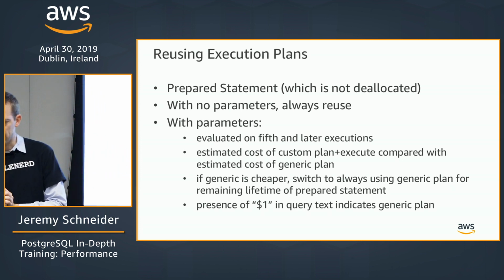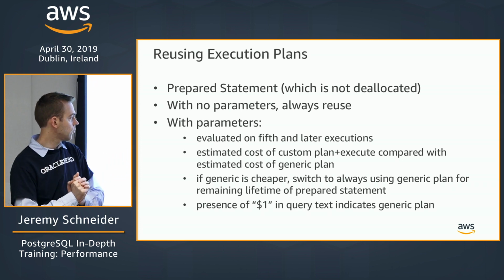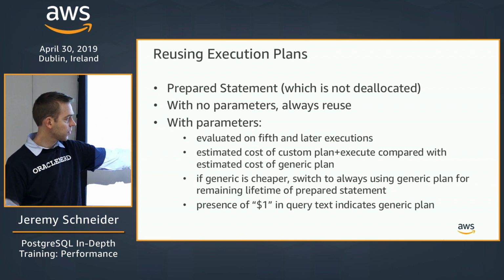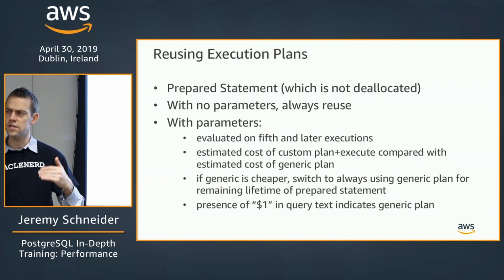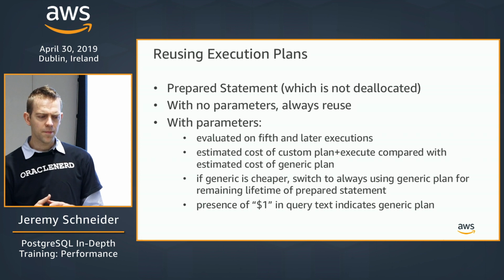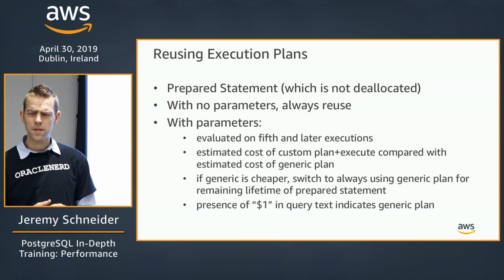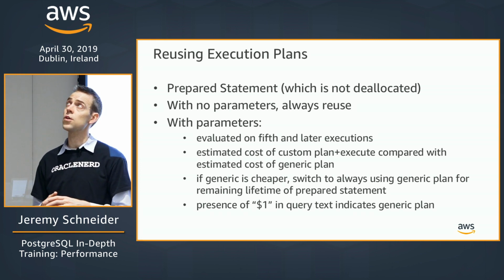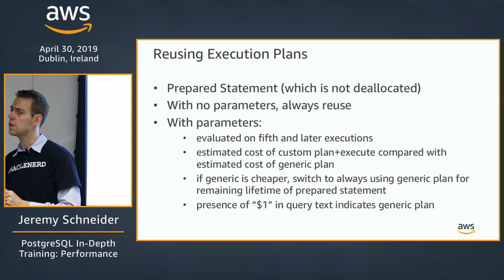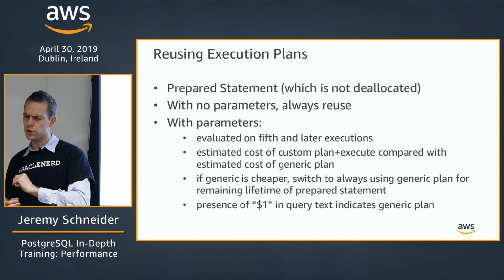How do you know if you have generics? The way that you can tell is you'll see a $ sign and a number inside of the query text. I believe you can see it in pg_stat_activity. I'm not sure if you'll see it in pg_stat_statements. I don't think you will, but I need to double check that.